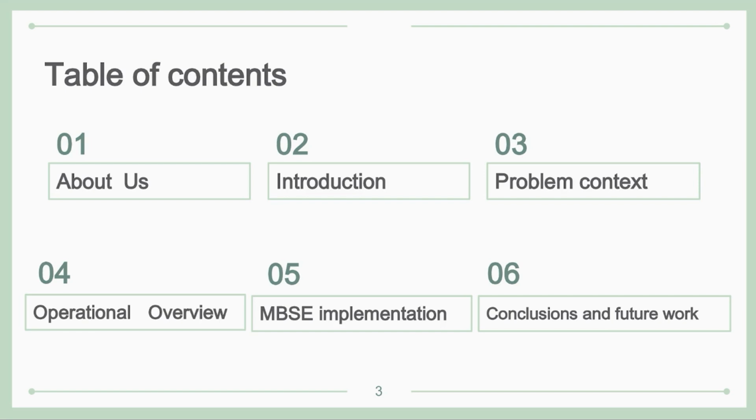Then, we'll transition to the operational overview, where we'll explain the system we've designed. Finally, we'll discuss the implementation of MBSE in this project and wrap up with our conclusion and future work. This roadmap should give you a clear idea of the journey we'll undertake in this session.